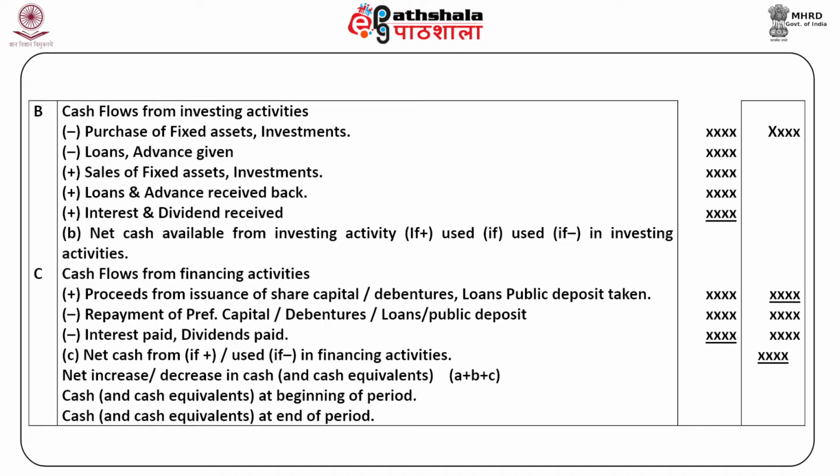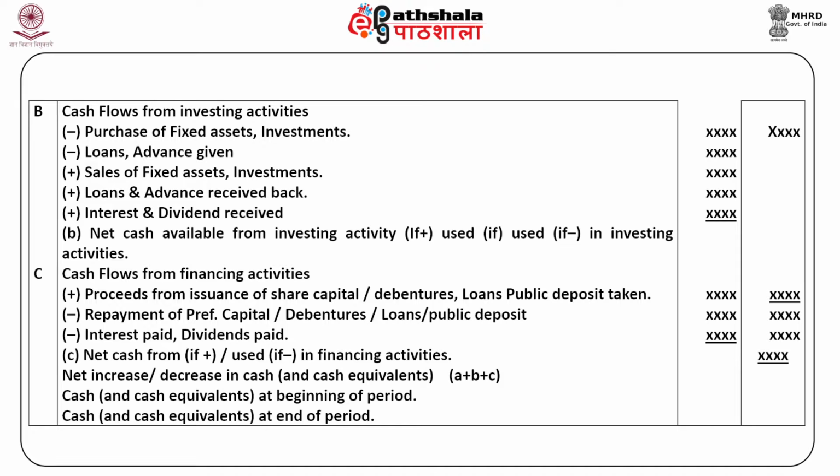C. Cash flows from financing activities. We have to add proceeds from issuance of share capital, debentures, loans, public deposits taken. Deduct from this repayment of preference capital, debentures, loans, public deposits, minus interest paid, dividends paid.